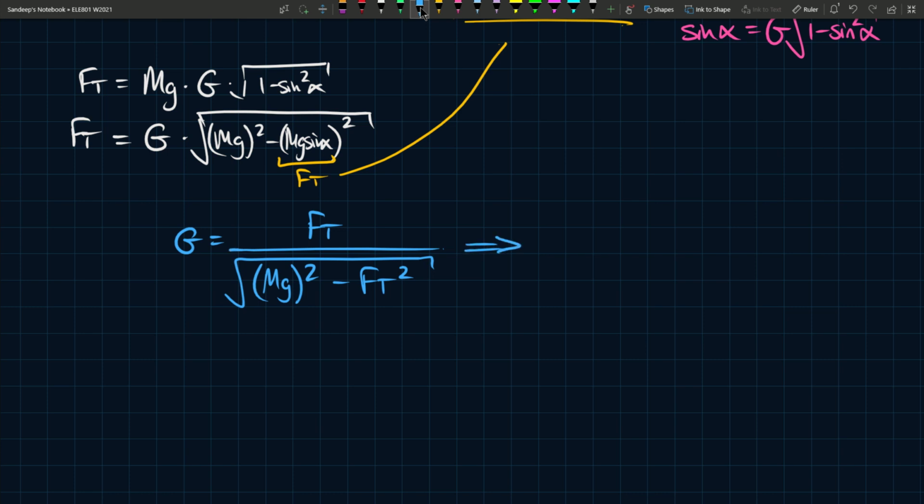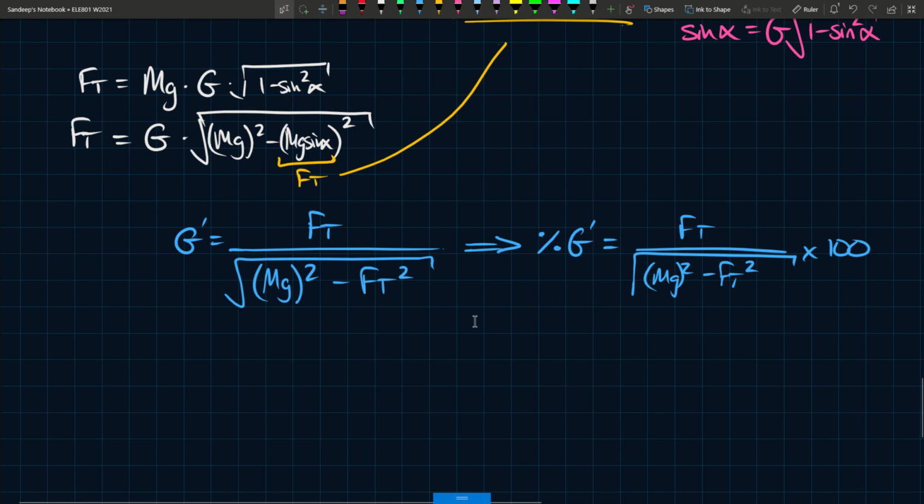And if you want to convert it to a percentage, you can say percent G. Let's call it G prime, I guess, because it's not just any grade, although it's still technically a grade. Percent G in this case would equal Ft divided by the square root of ((mg) squared minus Ft squared), not just the G, and this just times 100.